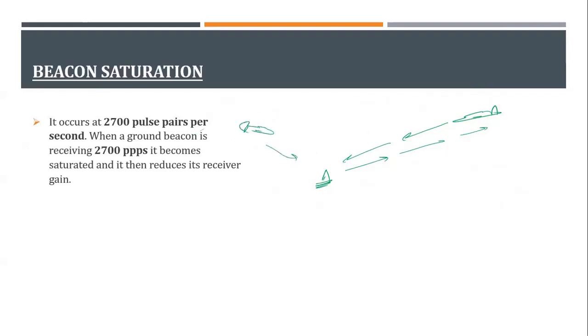How shall the station determine which one to send the signal to? It can't send signals to all of them because it also has limitations. The maximum number of pulse pairs per second it can send is 2700 pulse pairs per second. That's the maximum it can send out.